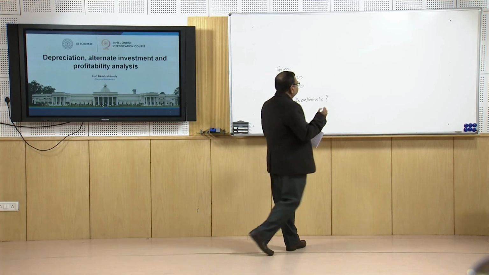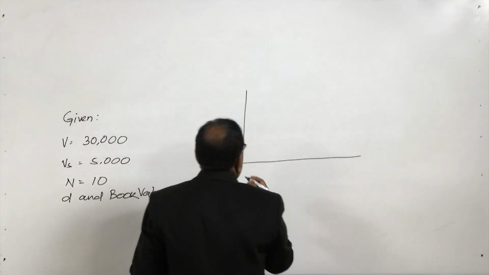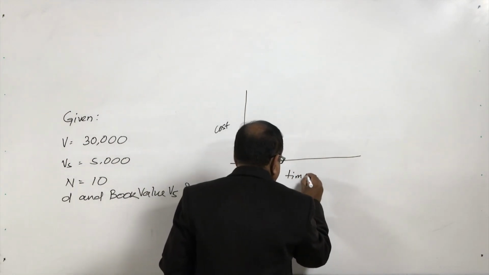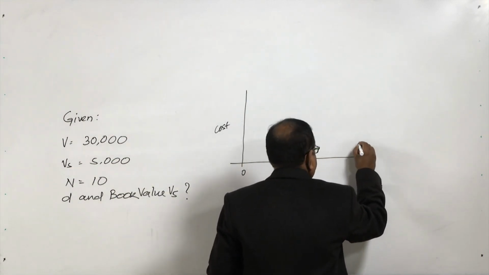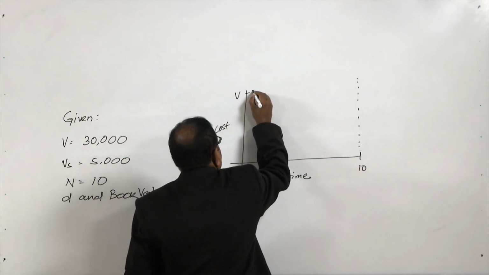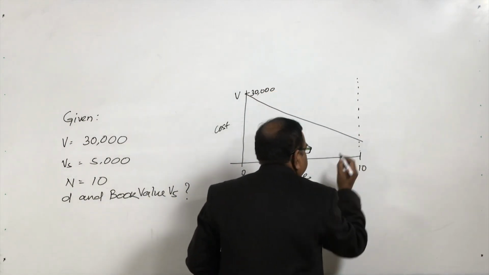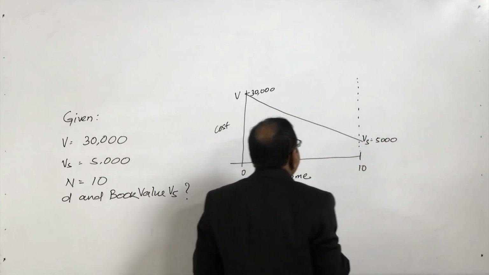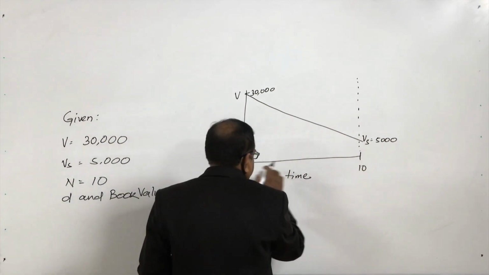Now, if we plot this, this is cost, this is time, this is 0, this is 10. If this is V, 30,000, it decreases to Vs equal to 5,000, and the time taken for this decrease is 10 years.